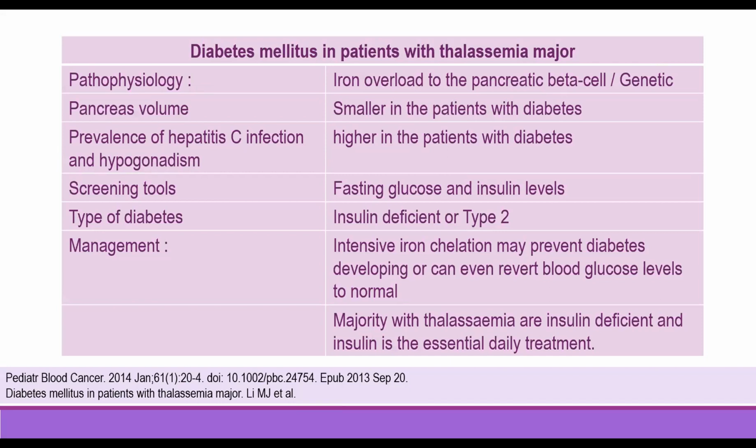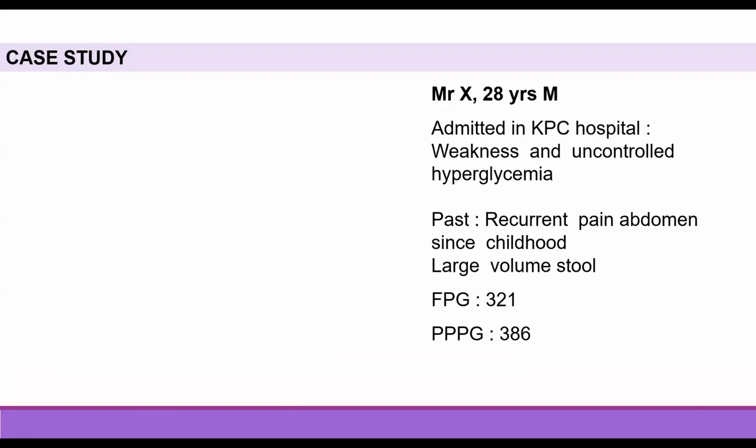There is a higher possibility of hepatitis C and hypogonadism, and the patient usually has insulin deficient diabetes, but they can also have type 2 diabetes mellitus. Good chelation therapy is the most important approach in preventing pancreatic damage, and if we can achieve good iron chelation, that can prevent the development of endocrine organ damage, including type 2 diabetes mellitus.